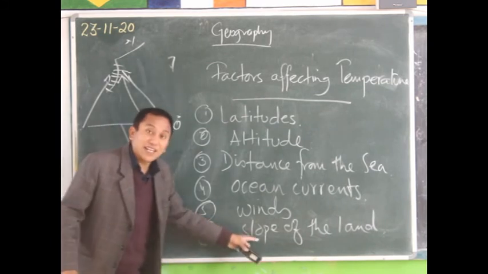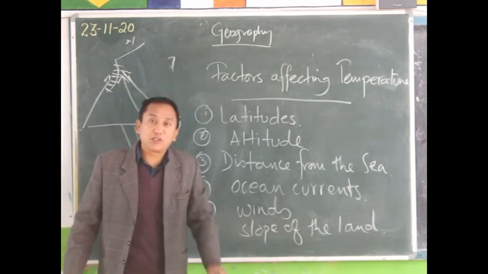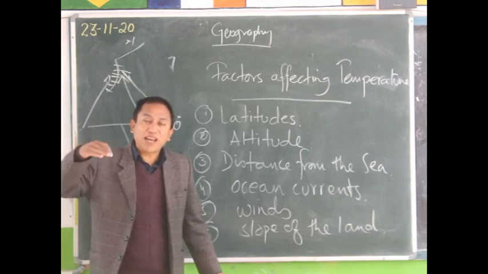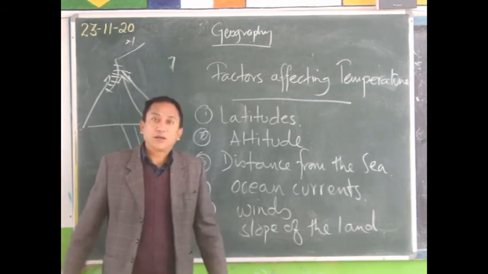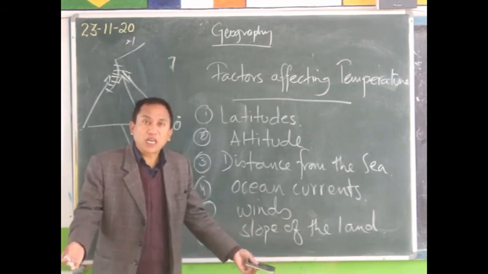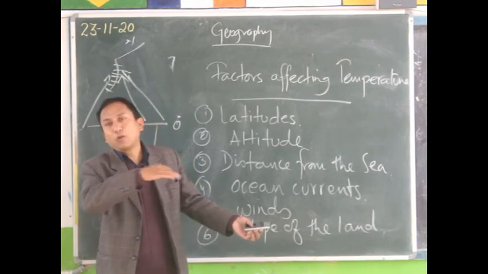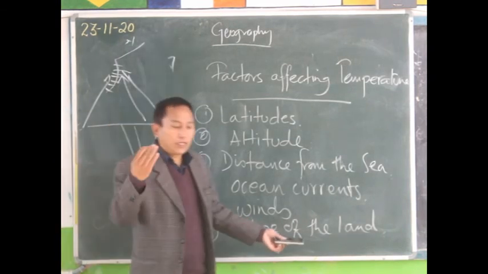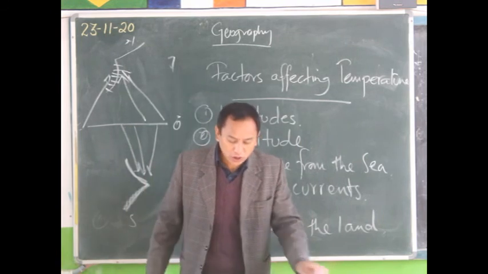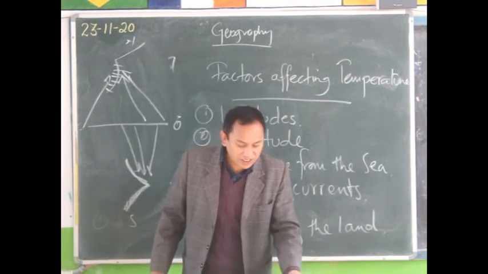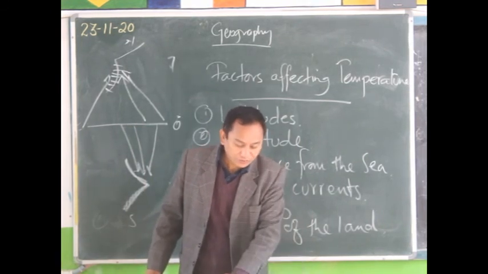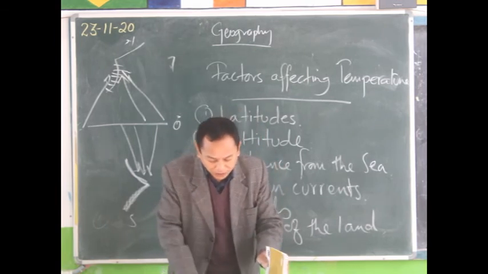So the slope of the land is also another factor which influences the temperature of a place. If the slope of the land is facing towards the sun, the temperature will be warm. And if the slope of the land is facing away from the sun, then the temperature will be low. So this is the factor which influences the temperature of a place.